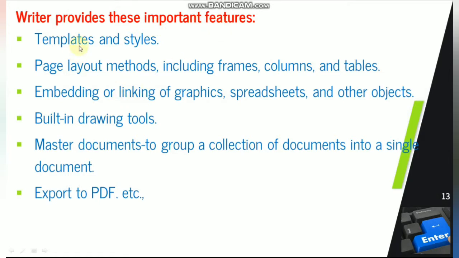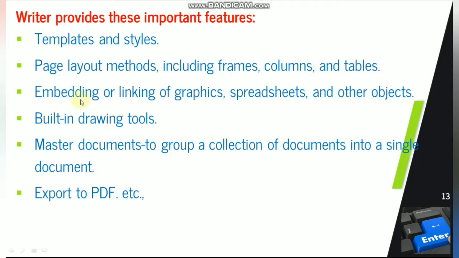We have templates and styles which are already stored, some of the designs and styles which are inbuilt inside your OpenOffice suite. We have page layout methods including frames, columns, and tables, and embedding or linking of graphics, spreadsheets, and other objects. Embedding means nothing but you can join.